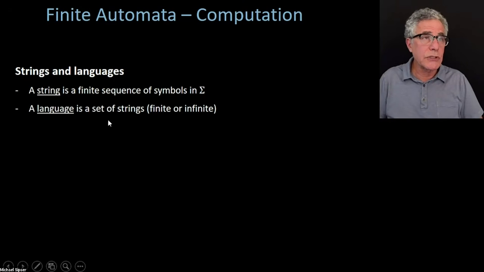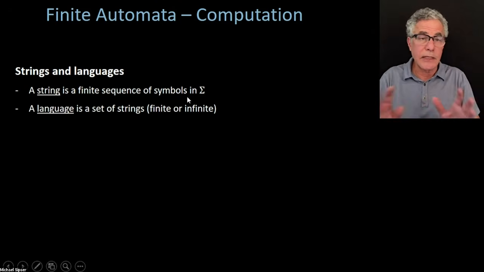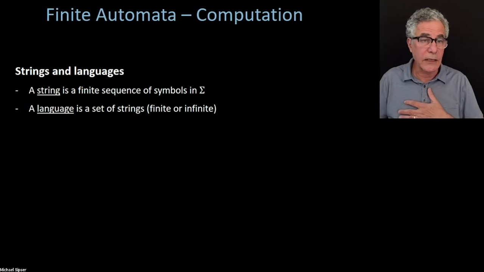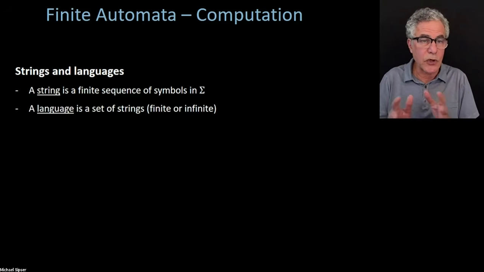So, strings and languages. A string is just a finite sequence of symbols from the alphabet. So this class is not going to talk about infinite strings. All of our strings are going to be finite. There are other mathematical theories of automata and so on that talk about infinite inputs and infinite strings. We're not going to talk about that. Maybe rarely we'll talk about an infinite string, but we'll make it very clear, and that's going to be an exception.